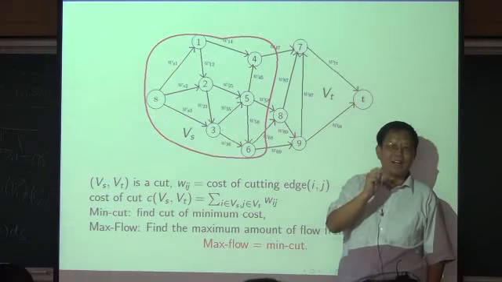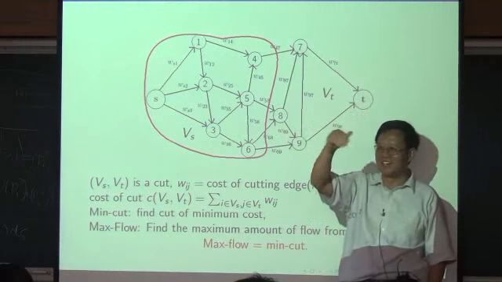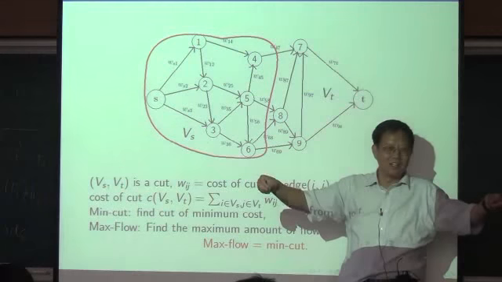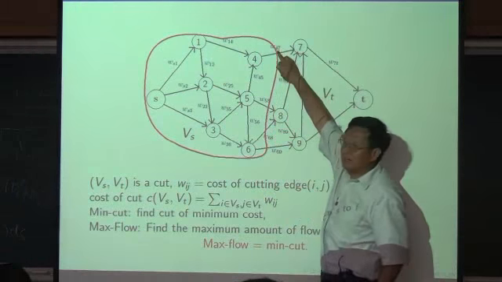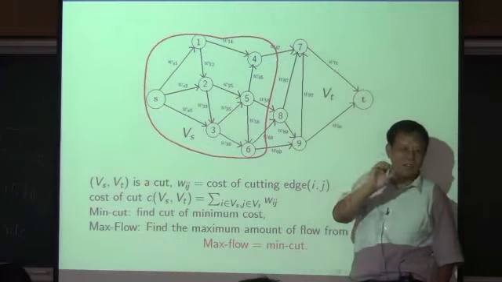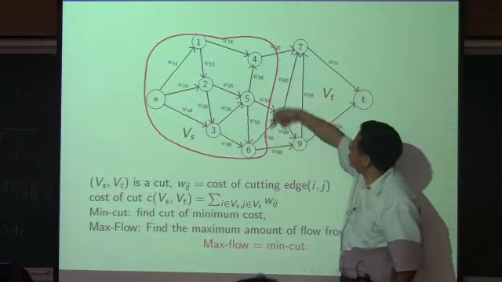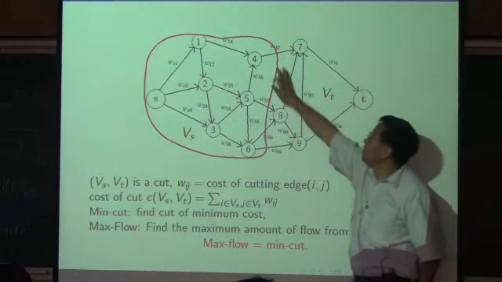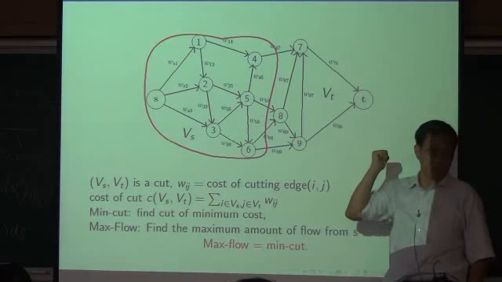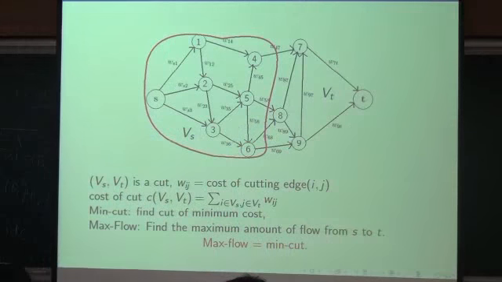Those are the bottlenecks. It's like in the morning if you drive to the city center, you see where the road is completely saturated. So the minimum cut must be the cut made of those saturated pipes, and those are the smallest. You cannot increase anymore with other places. So the cut must be through those bottlenecks. If you sum together all the flows, that will be the amount of flow you can push over. Therefore, min cut equals max flow. This is very natural to imagine.